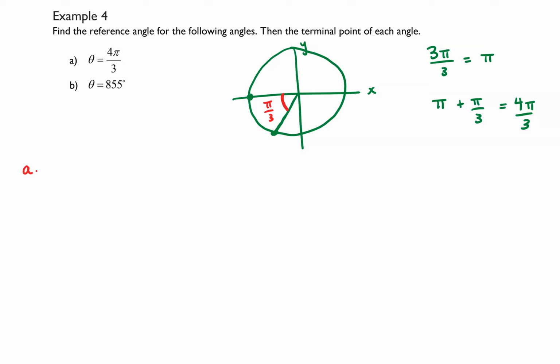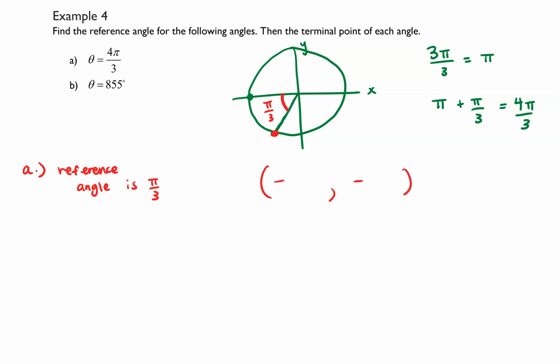So for part A, the reference angle is pi over 3, and then we want to figure out the coordinates of the terminal point here, and whatever it is, we know that it's going to be negative and negative here.